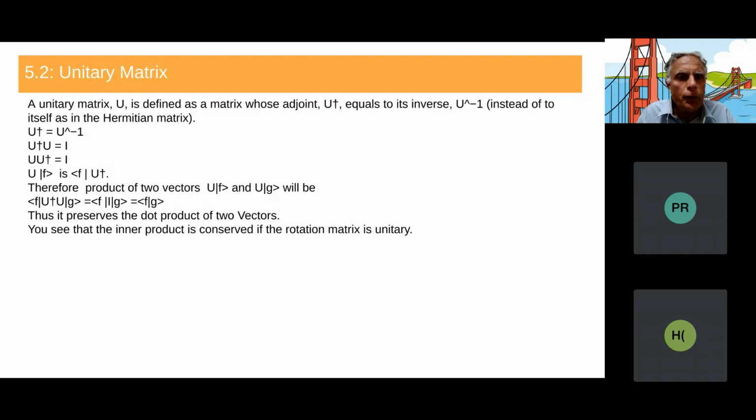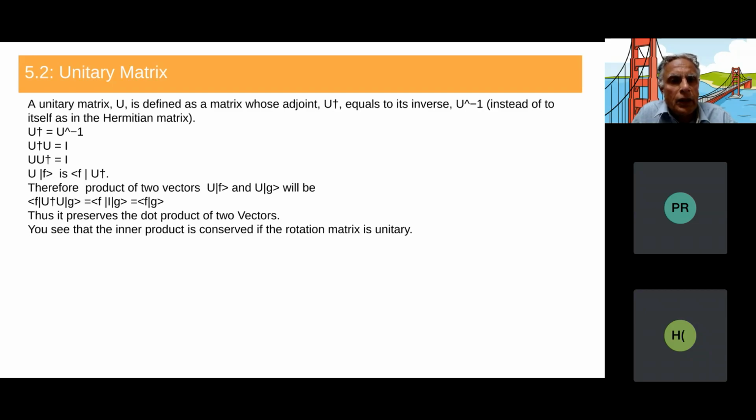Now I will go to the unitary matrix. Last time we covered the Hermitian matrix.